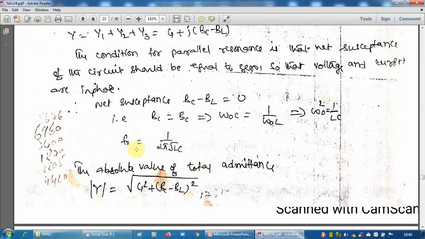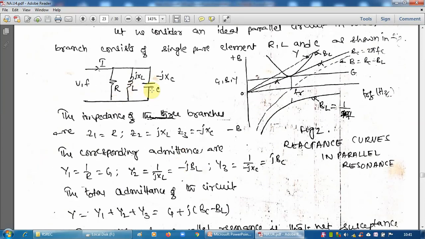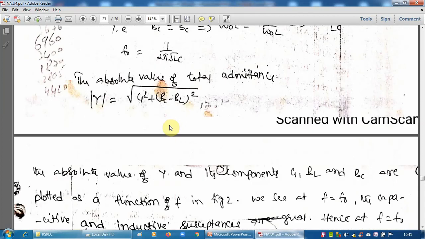So the resonant value of frequency depends on L and C present in the circuit. It is not dependent on the resistance of the circuit. It is dependent only on the inductance and capacitance values, in the series circuit also.